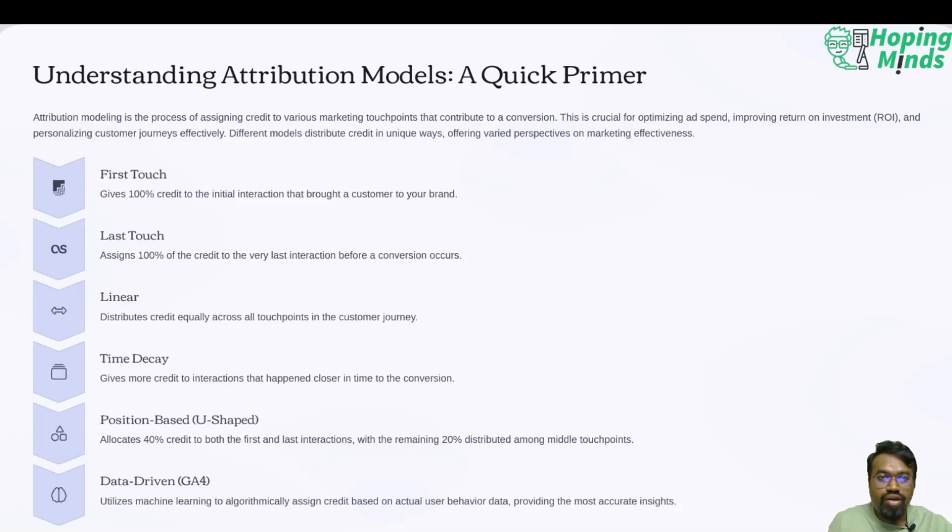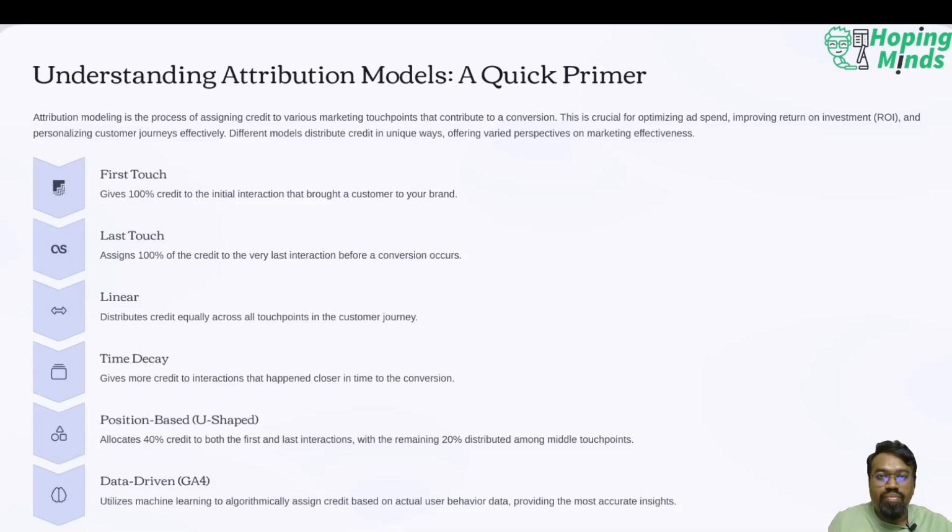These pointers are important: what are the important touch points that they are making, and apart from that, what is the thing compelling them to take a certain decision on the website. So this is crucial for optimizing ad spend, improving return on investment, and personalizing customer journeys effectively.